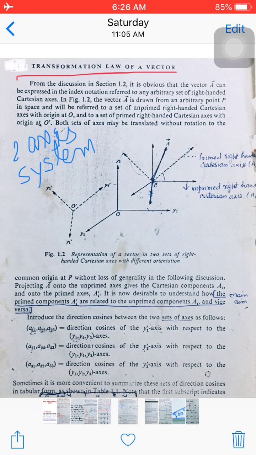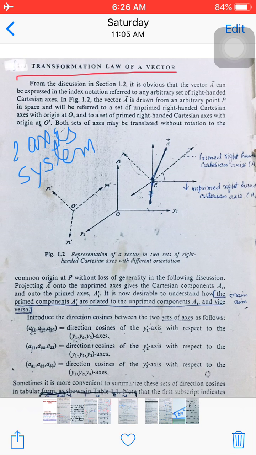In that figure, the bold or dark line A shows the vector A from the point P to the point A. In space, it will be referred to a set of unprime right-handed Cartesian axes with origin O and a set of prime right-handed Cartesian axes at O dash.